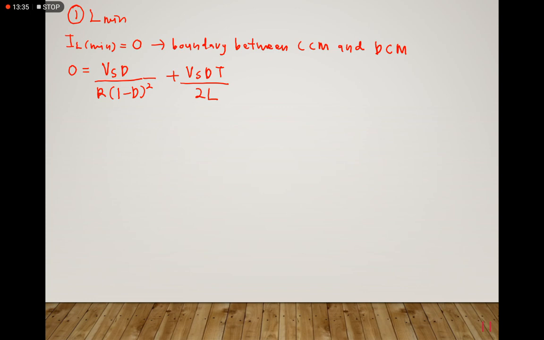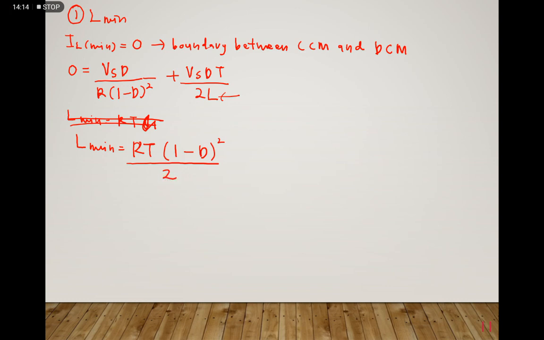We rearrange because we want to find our L, which is your L min. From this equation, L min will equal RT (1 minus D) to the power of 2 over 2.